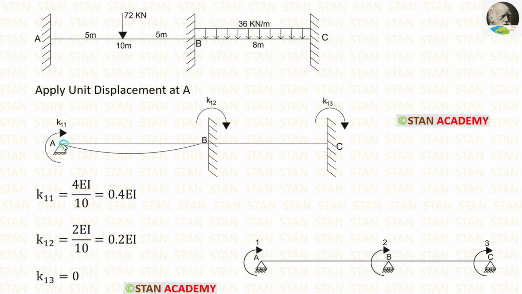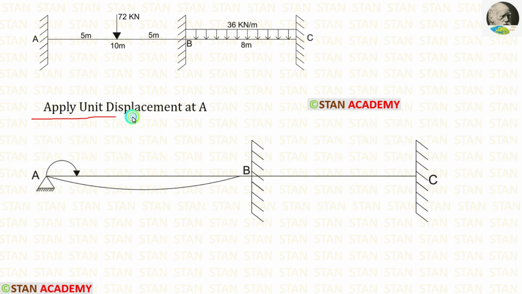Now let's see how to draw the slope curve. We are applying unit displacement in the point A. So in the point A, we have to make a clockwise curve towards the point B. Then we have to see the direction of the arrow. This arrow is indicating downwards. So we have to make the curve below the span.